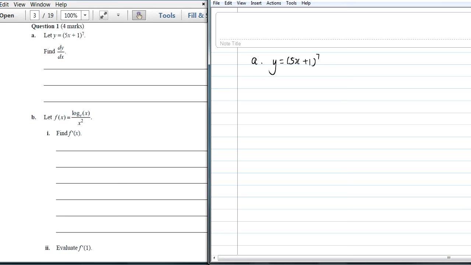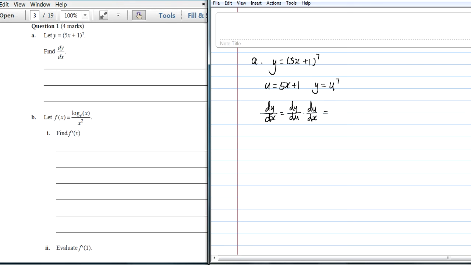To apply the chain rule, we first define u equal to what's inside the bracket, 5x + 1. This means the function y becomes u to the power of 7. Now write down the chain rule: dy/dx is equal to dy/du times du/dx.